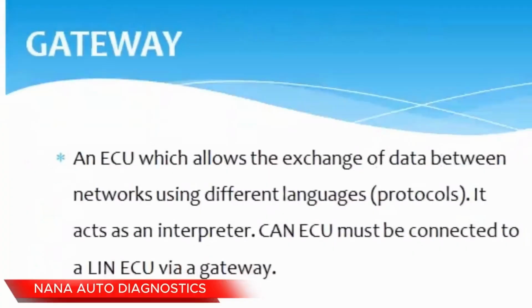Next, we are going to be looking at the gateway. A gateway is an ECU which allows the exchange of data between networks using different languages or protocols. It acts as an interpreter. A gateway module can either be a standalone module or it can be incorporated within other modules, such as the instrument cluster.